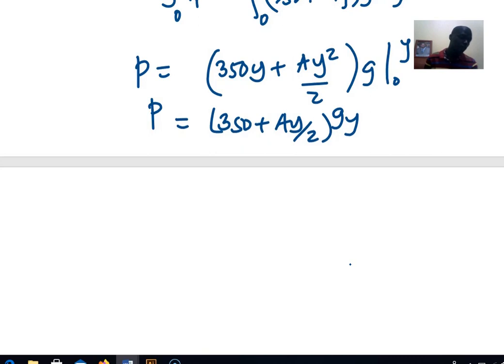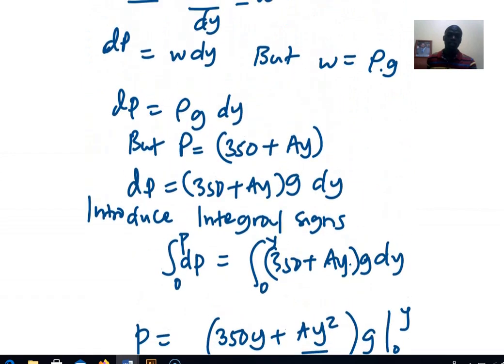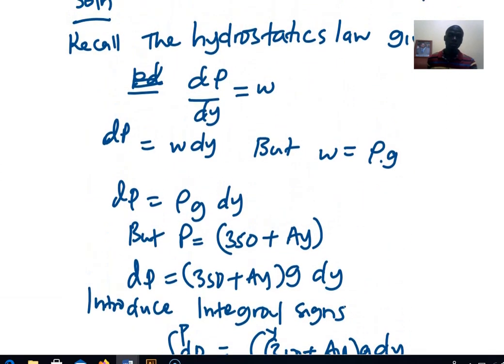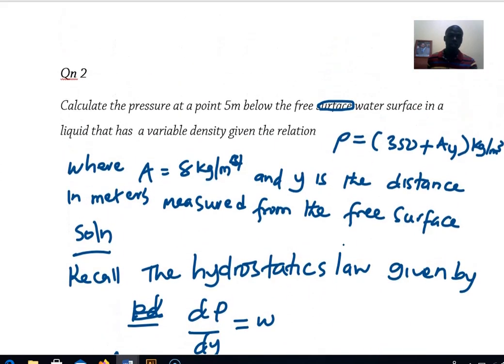So our question says calculate the pressure at a point 5 meters below the free water surface in a liquid that has a variable density.